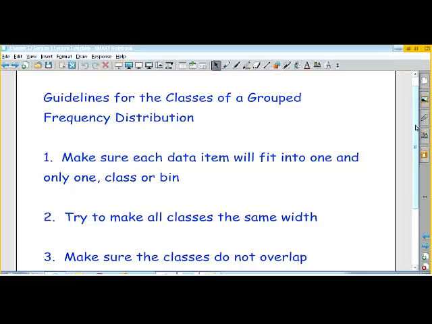You also need to make sure that every piece of data fits into one of those little slots. So if I said from 100 to 104, I'm going to put those in that slot, and 105 to 109, I'm going to stick in that slot, and 110 to 114 in that third slot, and so forth, like this.